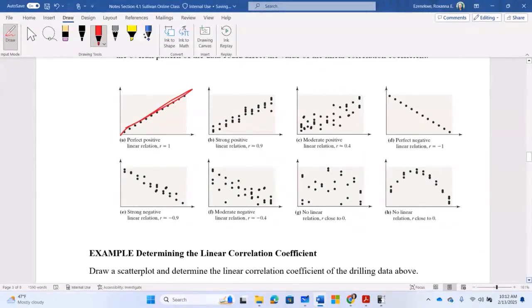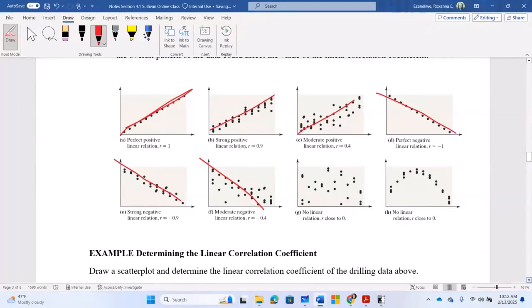Therefore, R is equal to 1. This is a strong positive linear relationship. This is just a positive linear relationship. This is a perfect negative linear relationship. This is a strong negative linear relationship. This one is just negative.